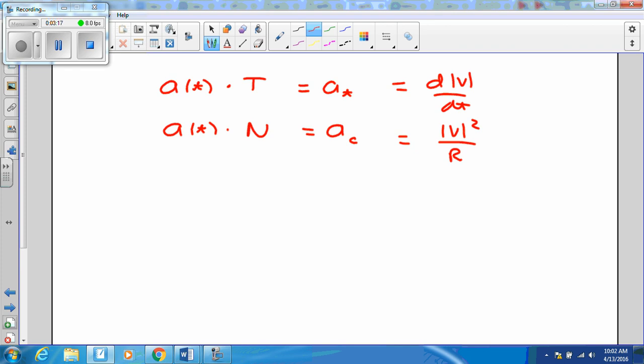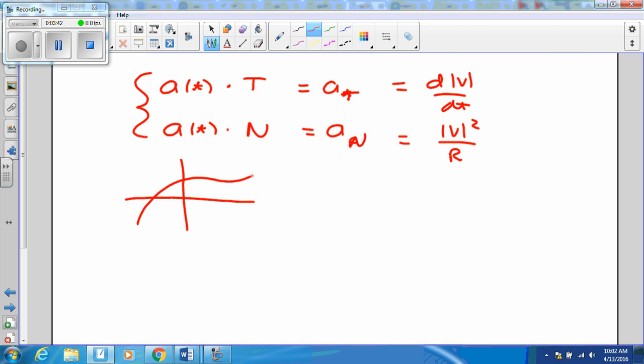This is for your information, especially if you happen to be in AP Physics. You could just call it a sub n, the projection of a in the normal direction.